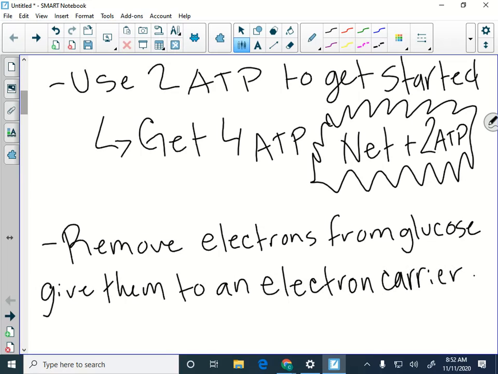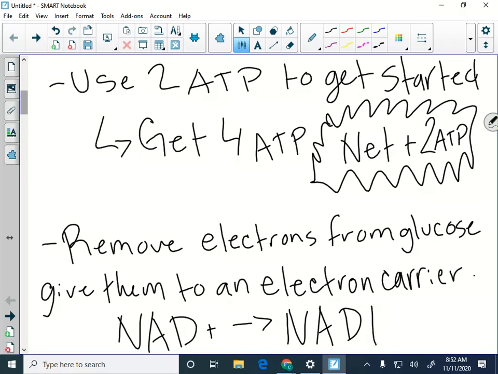Now, our electron carrier in photosynthesis was NADP plus and NADPH, right? In cellular respiration, our electron carrier is NAD plus, and when it gets that electron from glucose, it will become NADH.